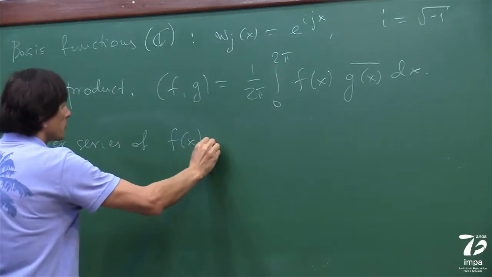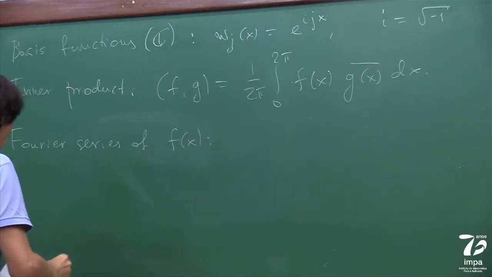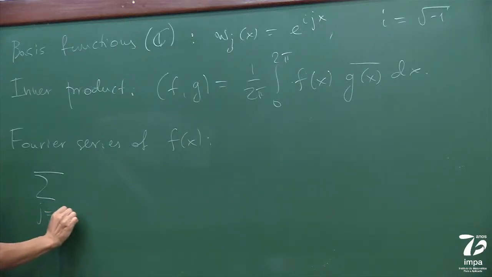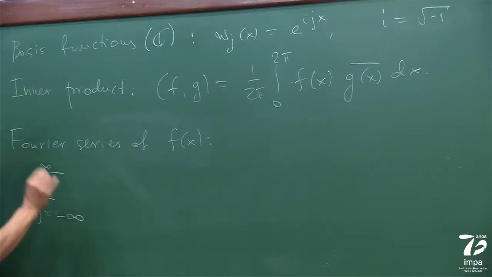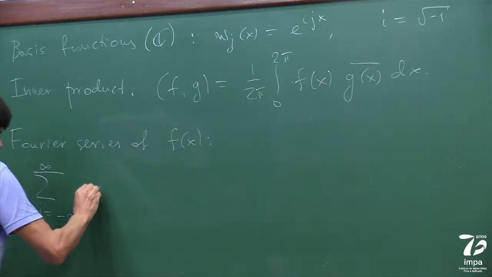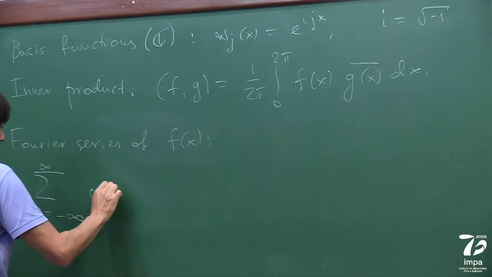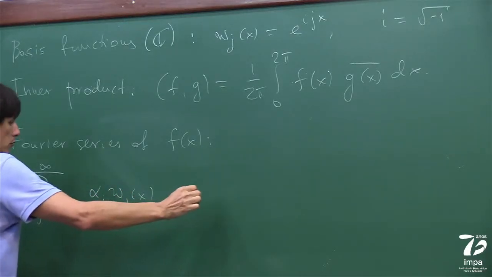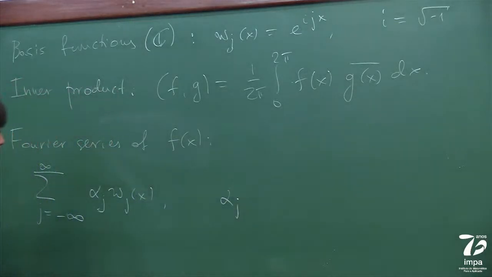The Fourier series will be defined as the sum from minus infinity to infinity, with the indices going through all integer numbers, of the coefficients times basis functions. So what we do is make a formal... No, let's do this first.